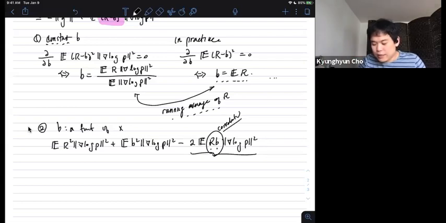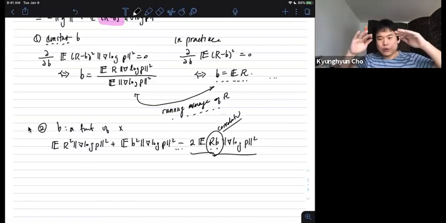If the correlation is high, if when r goes up, b goes up as well, and when r goes down, b goes down as well, then this whole value is going to be really high. And because we have the negative sign there, the variance will go down.